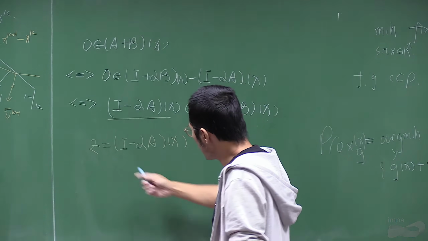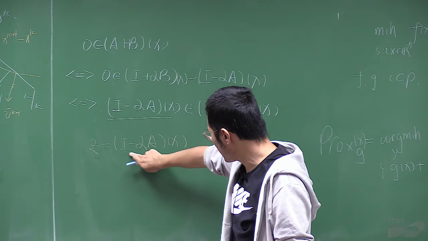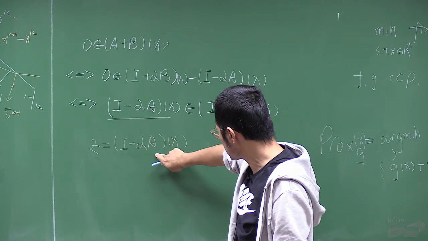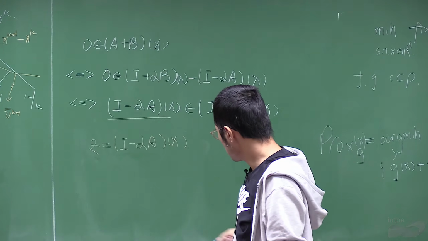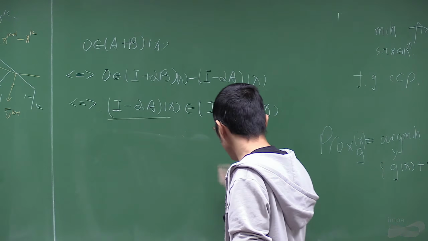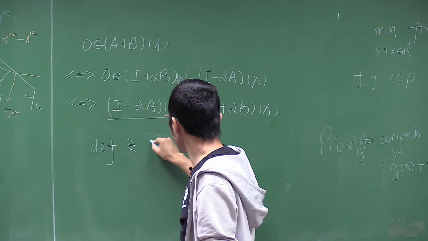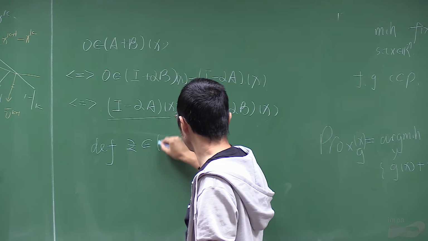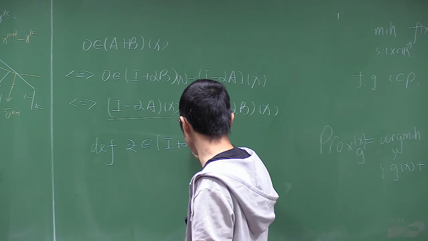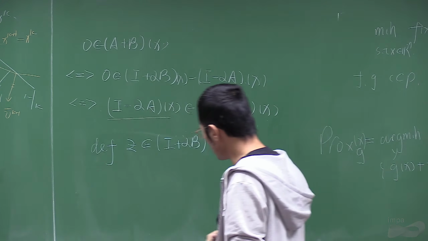Then, yeah, okay. If we define Z equals to I plus, no, it is not correct. We need to define Z belongs to (I plus alpha B) at X, okay?